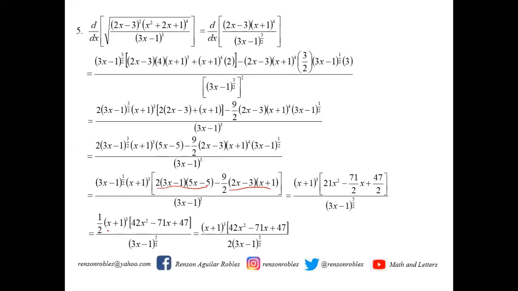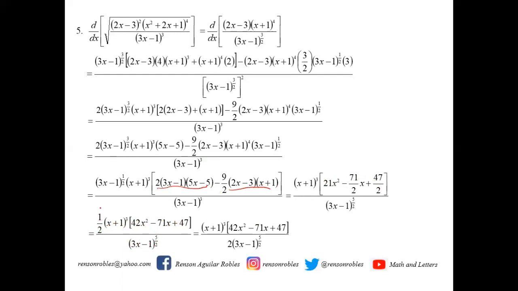So 1/2 times the quantity (x plus 1) to the third power, then the 21x squared will become 42x squared minus 71x plus 47, all over (3x minus 1) raised to 5/2.